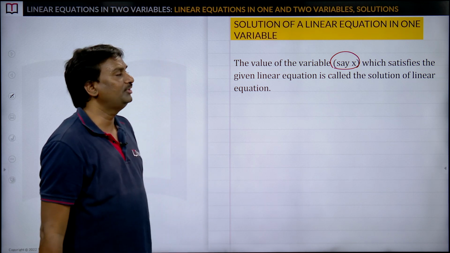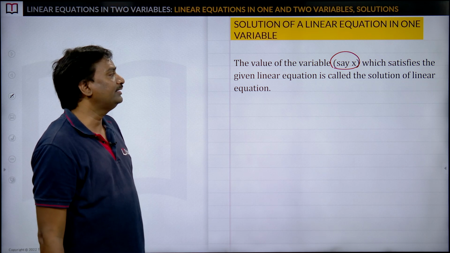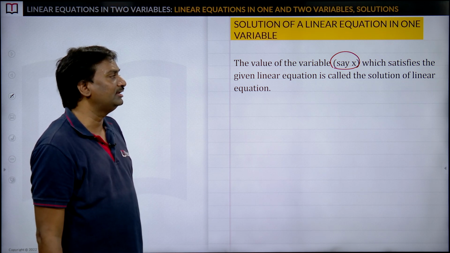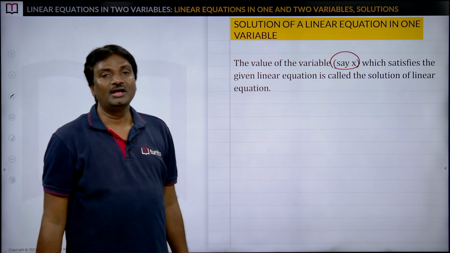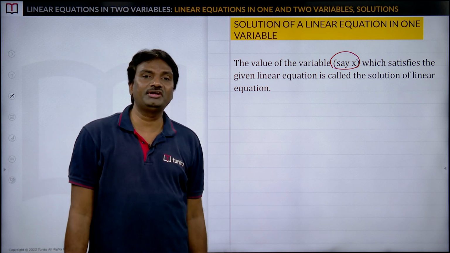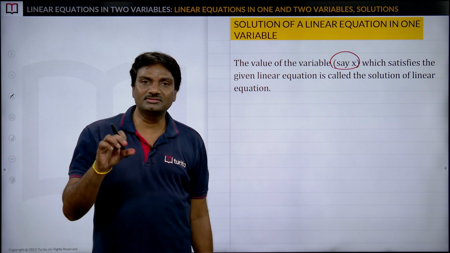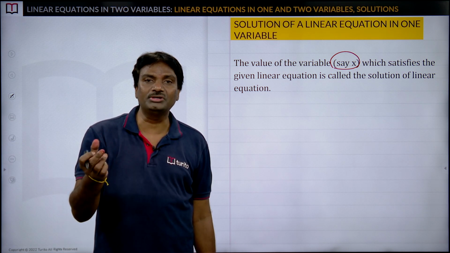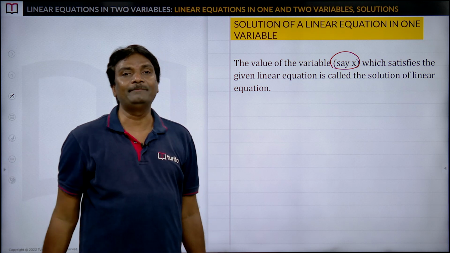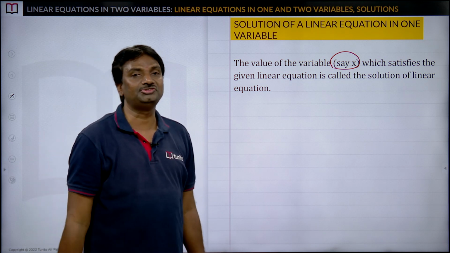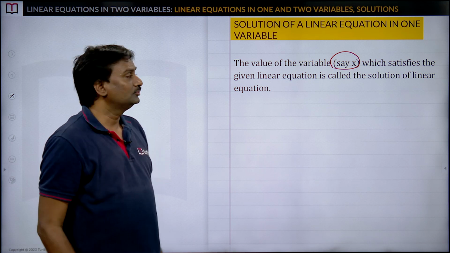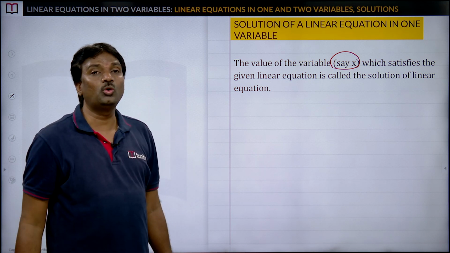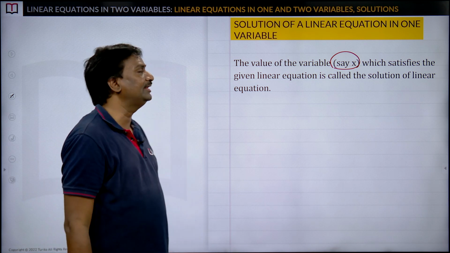The value of the variable, say x, which satisfies the given linear equation is called the solution of the linear equation. Satisfies means that by substituting some value in place of the variable, after simplification you must get 0. Then that value is known as the solution, and it is also known as the root of the given linear equation.